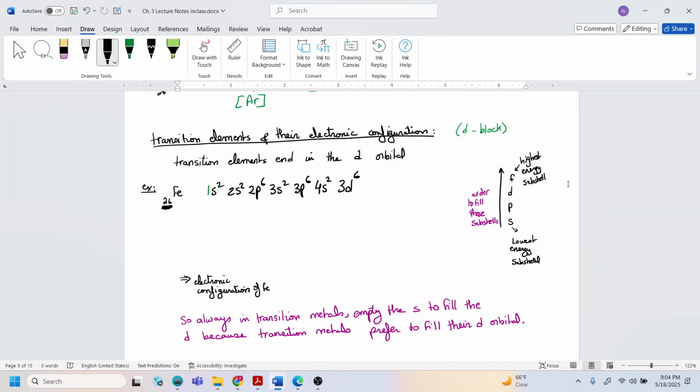For transition metals, what I want you to do is arrange the n equals 1, n equals 2, n equals 3 together, n equals 4 together.